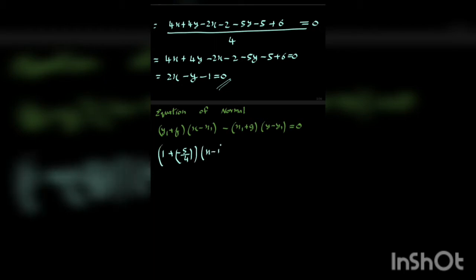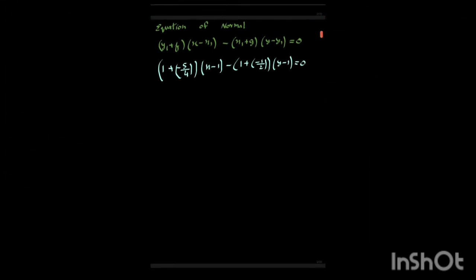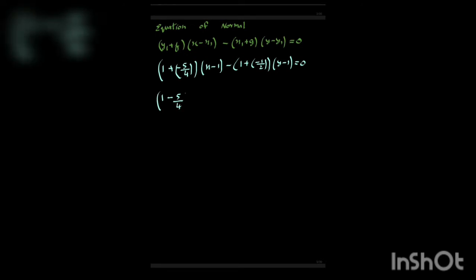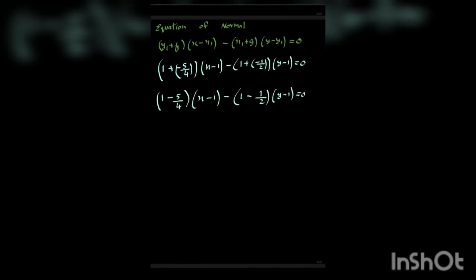X minus 1 minus 1 plus minus 1 by 2 into y minus 1 equal to 0. So 1 minus 5 by 4 into x minus 1 minus 1 minus 1 by 2 into y minus 1 equal to 0.